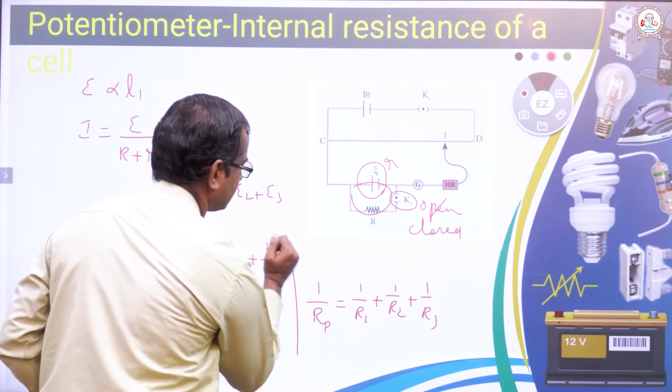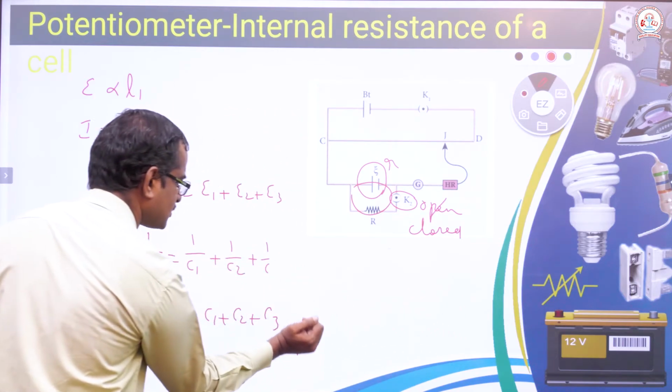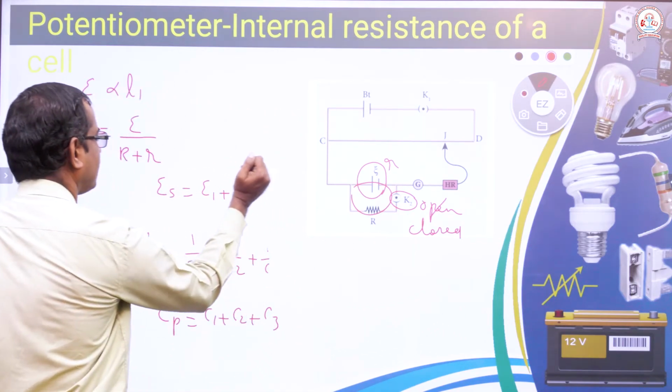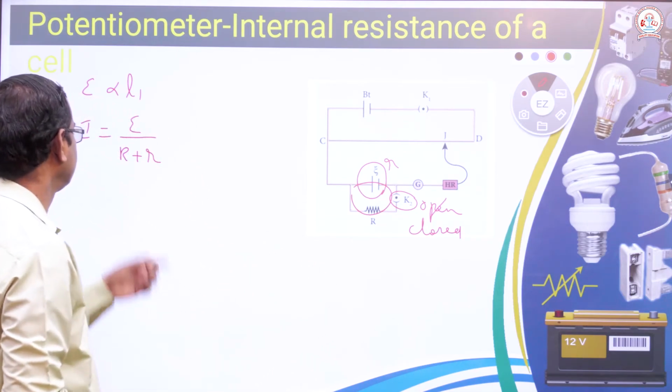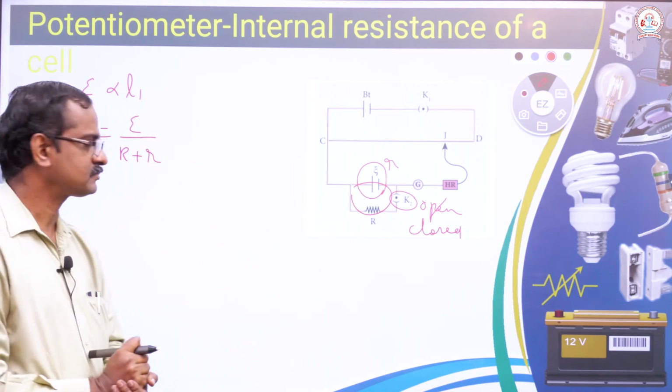As here the small r, the internal resistance of the cell, and the capital R, the external resistance in the circuit, are in series, it is taken as R plus r.